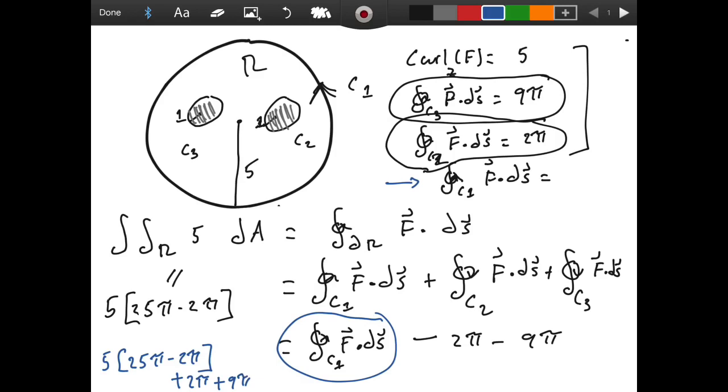All I'm doing is solving for this by adding the 2 pi and the 9 pi to both sides. And you can simplify this and see what it should be. Well, actually, I can just do this for you. So this is 125 pi minus 10 pi. So that's 115 pi, plus 11 pi, 126 pi. So if I added this part together correctly, it's 126 pi.